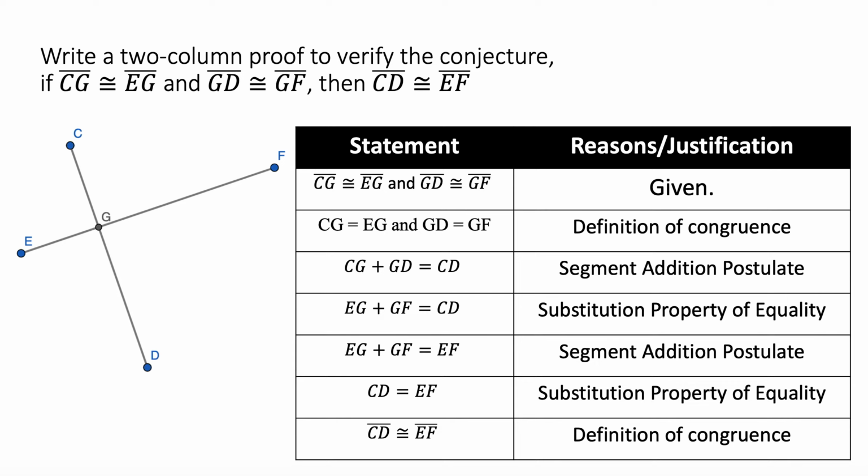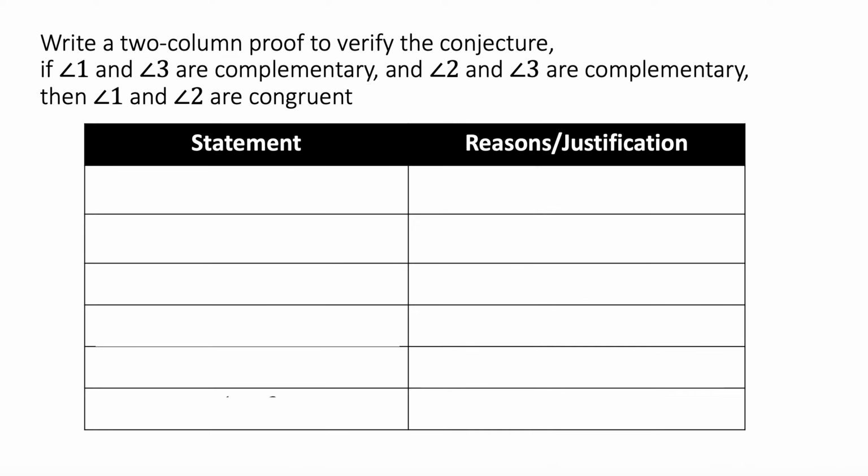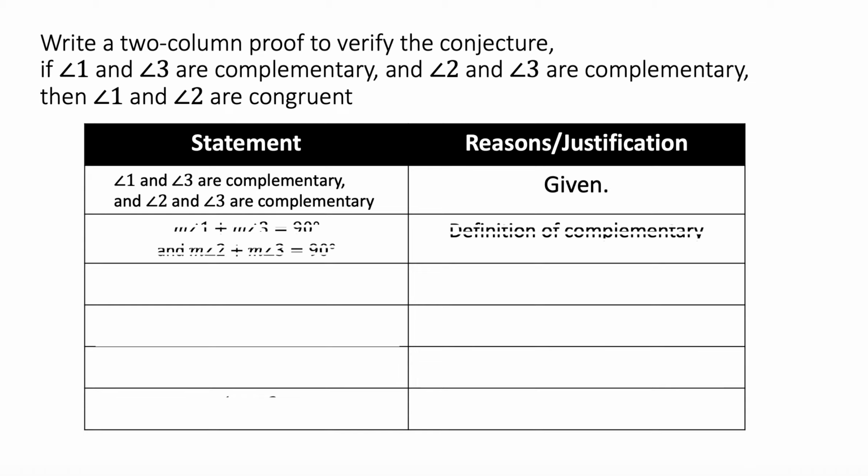Okay, one last example. So if angles 1 and 3 are complementary and angles 2 and 3 are complementary, does that mean that 1 and 2 are congruent? Well, let's work it out. So we're given that 1 and 3 and 2 and 3 are complementary. Let's define that in equation terms.